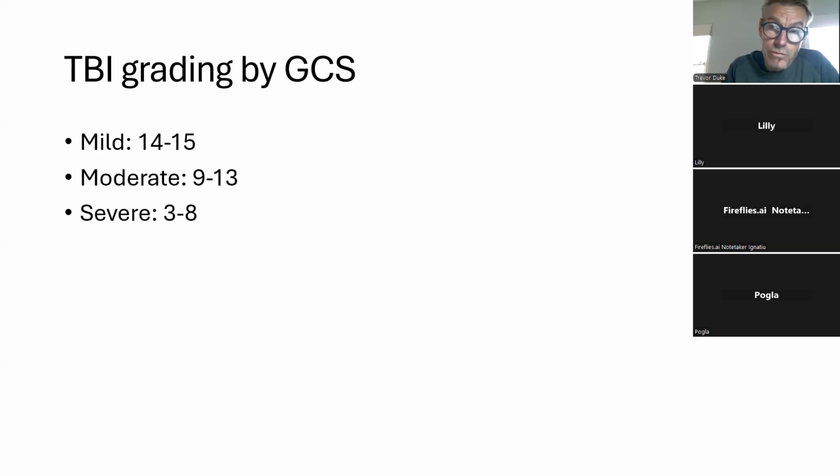A Glasgow Coma Score of 9 to 13 is a moderate head injury, and they may well have one or more of those intracranial injuries that I mentioned before, such as a cerebral contusion or a diffuse axonal injury.